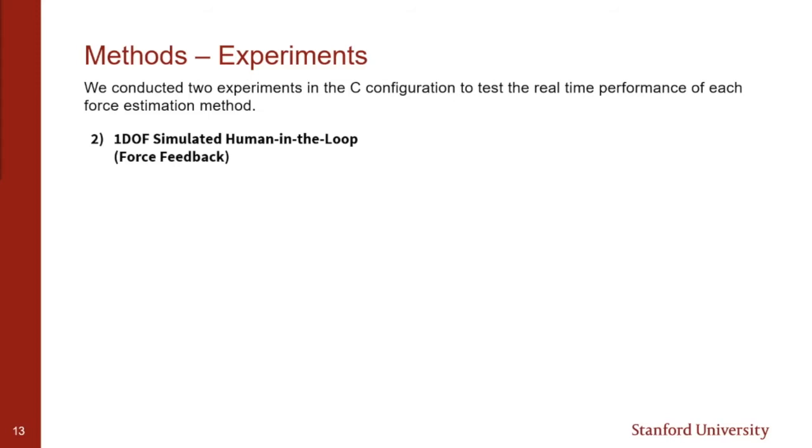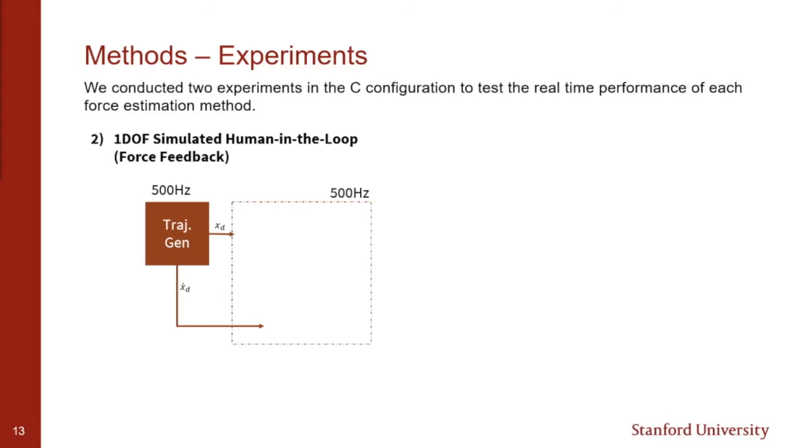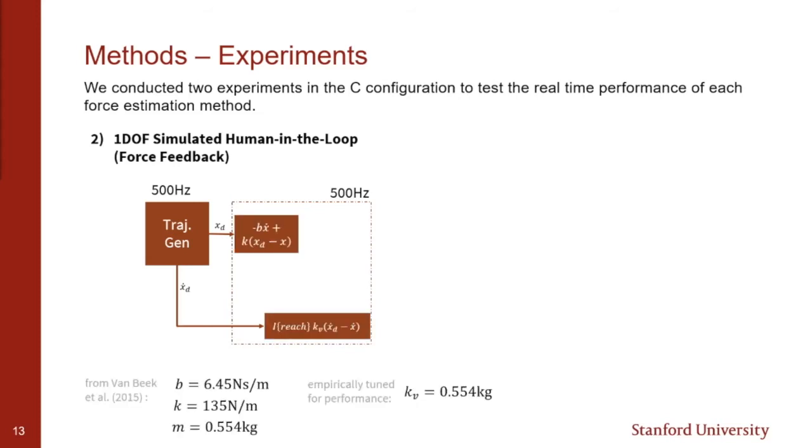We start with the same kind of minimum jerk trajectory generator and produce minimum jerk movements in the positive and negative direction of interest, holding each extreme position for 2 seconds each. We feed the desired position and velocities to our simulated human plant, which includes a position tracking and a velocity tracking term, where the velocity tracking term was only active during the reaching phase and not during the holding of the extreme points.